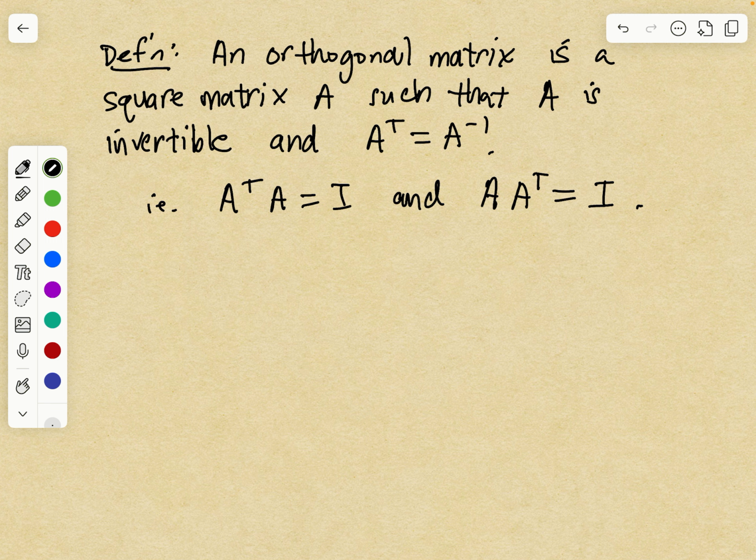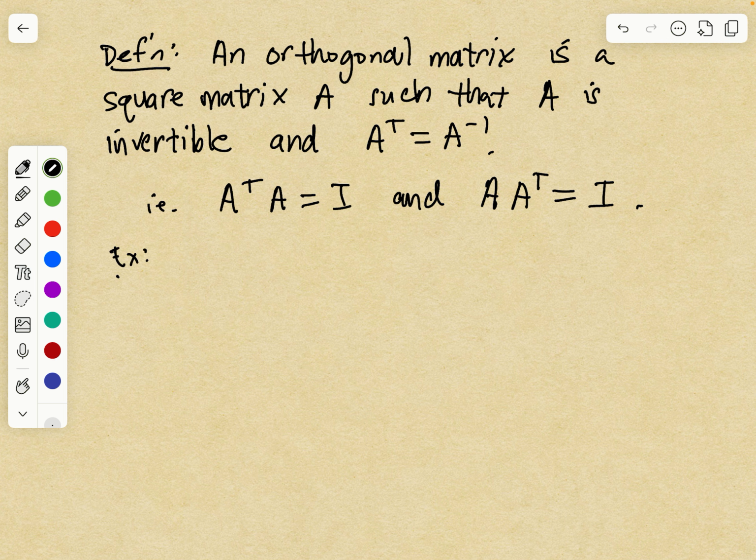So you just need to check that A transpose A is the identity. If the matrix satisfies that property, then A is invertible, and its inverse is A transpose, meaning that A is orthogonal.